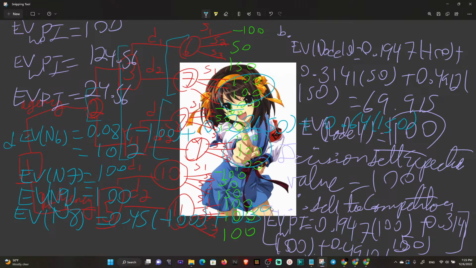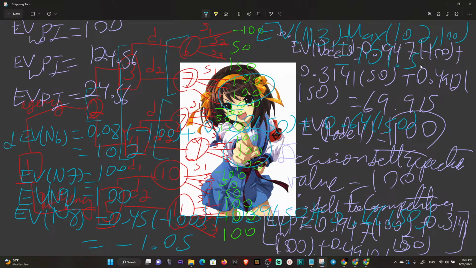So times negative 100 plus 0.39 times 50 plus 0.16 times 150 is equal to negative 1.05. So now that we have that, we can look at node 3 as a whole. EV of node 3 uses the information from nodes 6 and 7, which will be max of 102 and 100, equal to 102, which is produce.